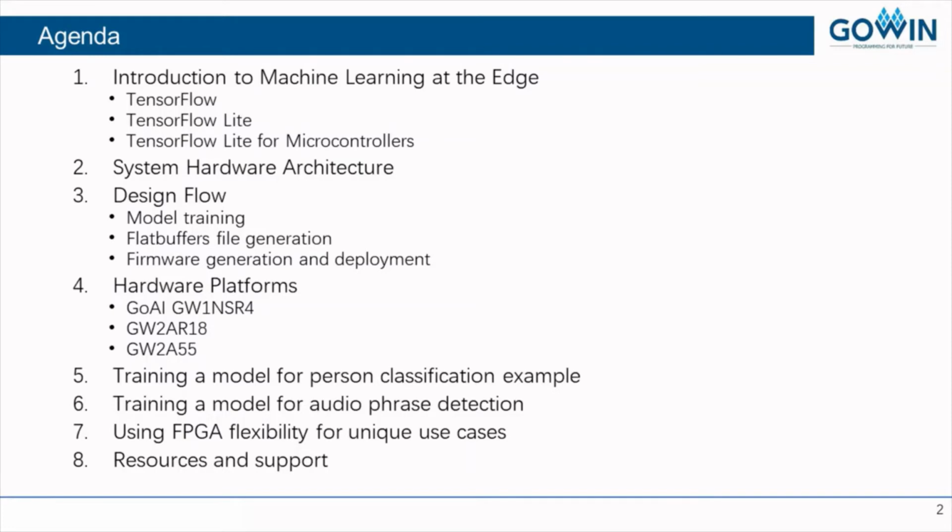And then lastly, we'll go through some of the cases where you may want to use an FPGA versus a microcontroller or application processor, and some of the unique flexibilities that you have with the micro SoC or standard FPGA platforms over, say, a microcontroller or application processor. And I'll give some links to support and resources that you may need to continue on after this class.